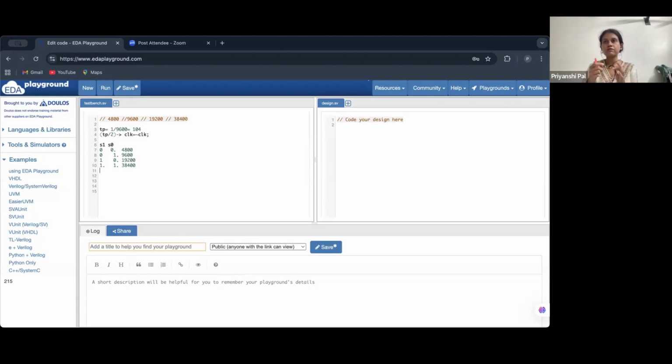So for that purpose, we send the first bit as a start bit. When it is low, like zero, the other device gets to know that the transmission has begun, and for the stop bit, when it is one, the other device gets to know that the transmission has stopped.